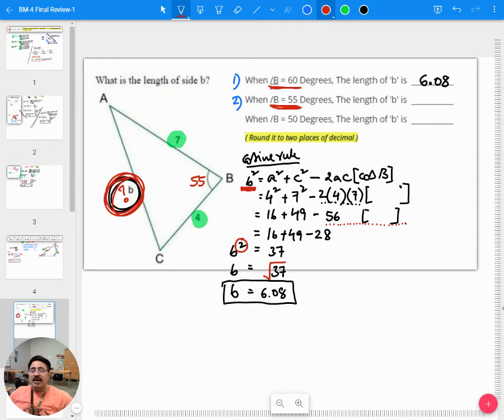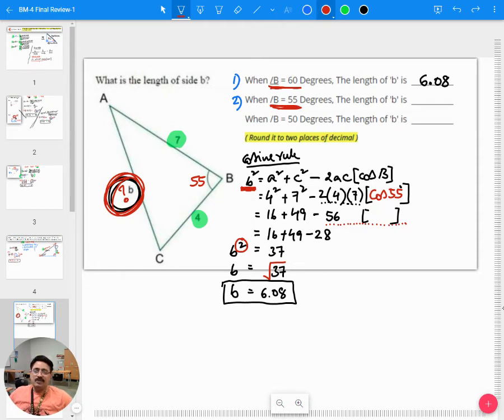Again, I am repeating, the solution is almost the same except the angle is changed. Therefore, what is cos 55? You take it and multiply times cos 55.